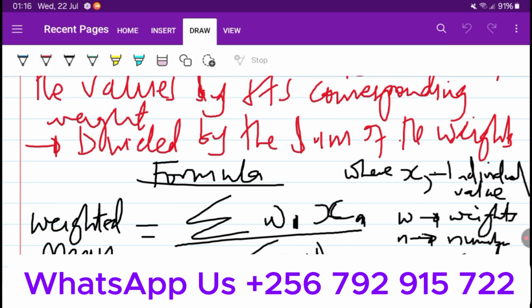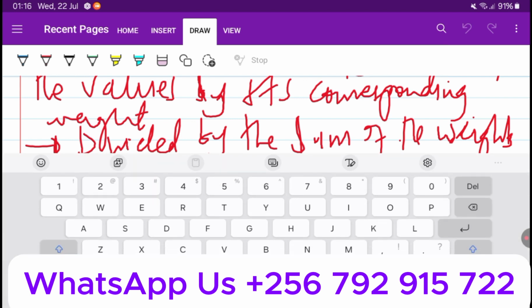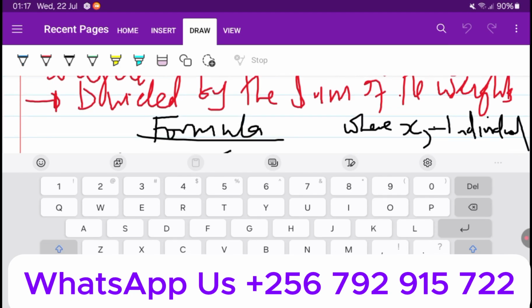In other words, we just get the summation of all the products. We get the summation of all the products of the values and their weights, then we divide by the total number of weights.